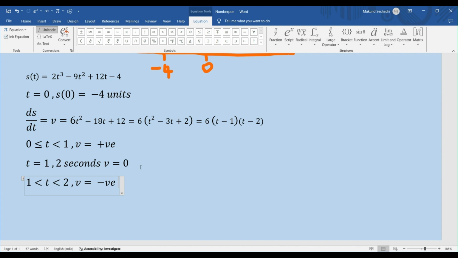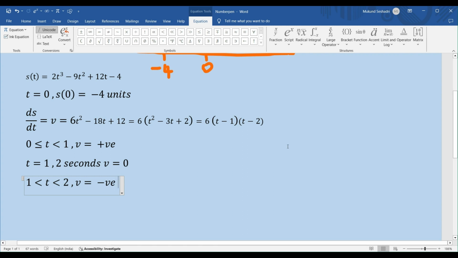And then in the interval 1 less than t less than 2, it changes its direction, which is why you have v equals negative. And then it comes to t equals 2, and again your particle stops, right?